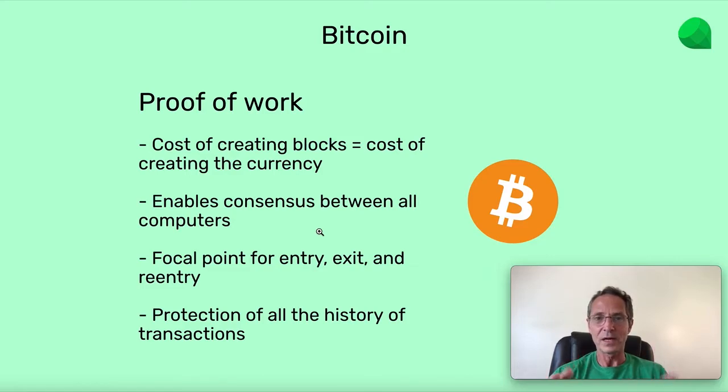So proof of work, the fact that miners spend so much energy and work to create a cryptographic stamp for a block, that is the key of what Satoshi invented, because it enables the consensus in a decentralized way of all the computers around the world.